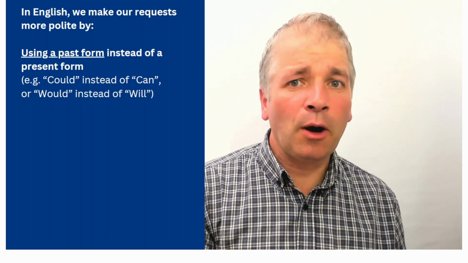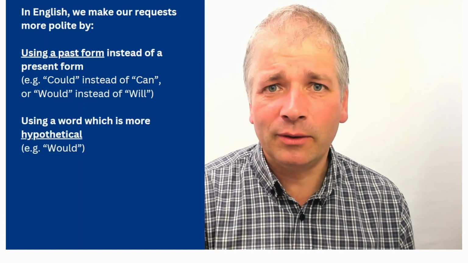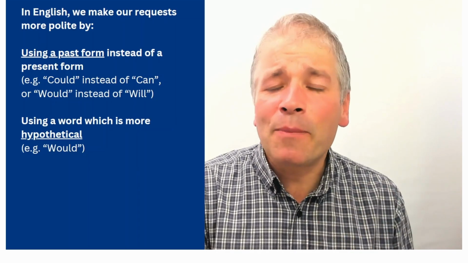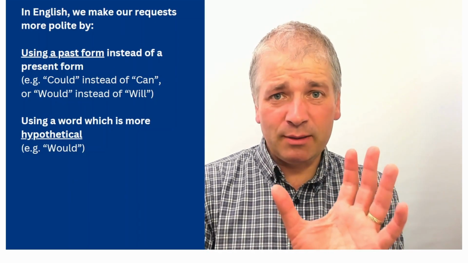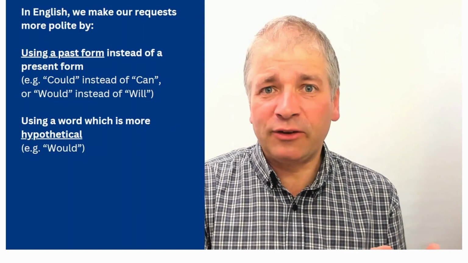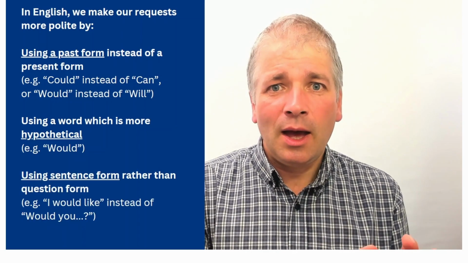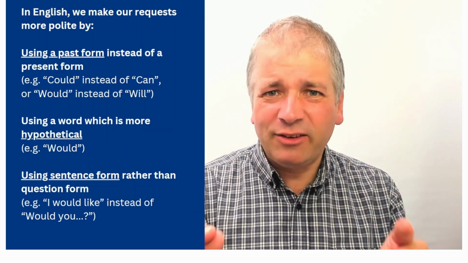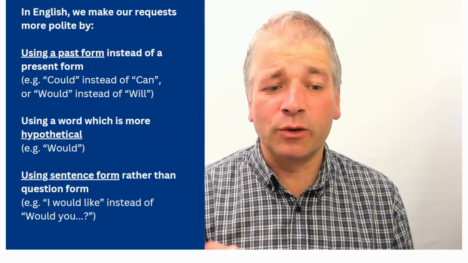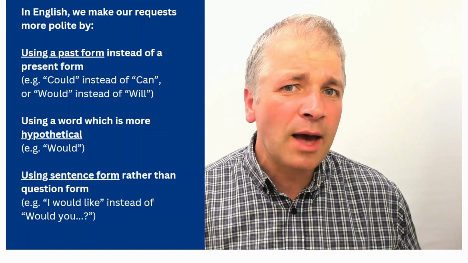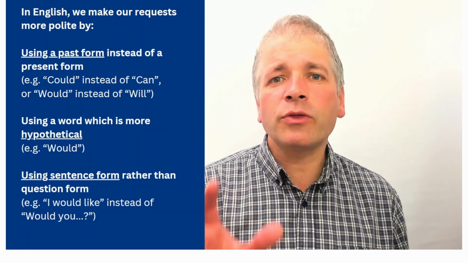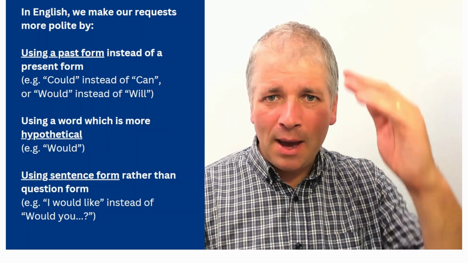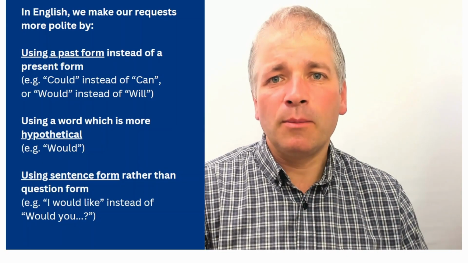And when we use the past form, we're being more polite. We can also make our request more polite by being more hypothetical, and would is a word that we use for hypothetical reasons. And one further way of being more polite is by using sentence form rather than question form. For example, you could say, "I would like," rather than "would you?" And all these 3 things make your requests more polite.